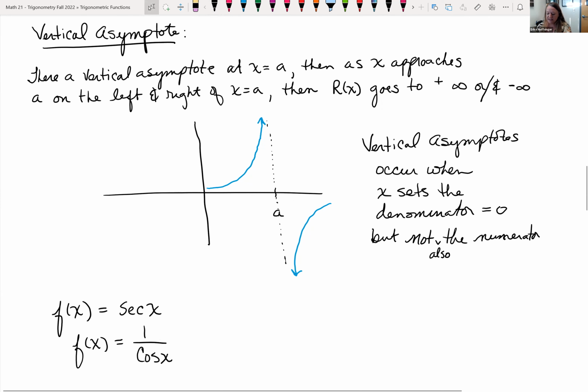And so secant of x is going to have vertical asymptotes on values which set cosine of x equal to 0. So secant of x has vertical asymptotes, I'm going to call it VA for vertical asymptotes, where cosine of x is equal to 0.